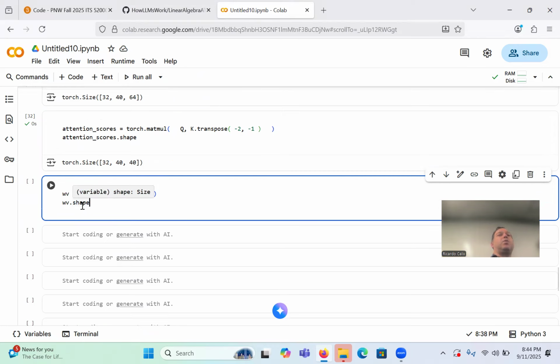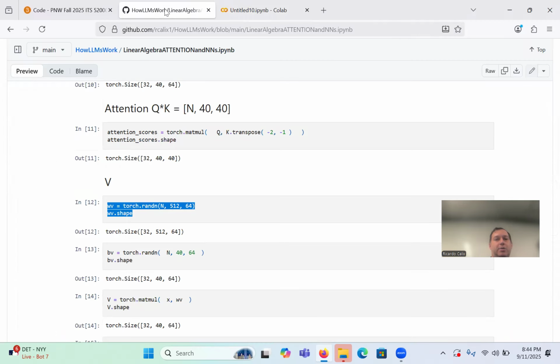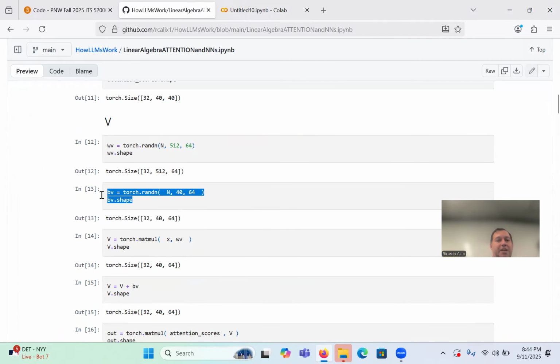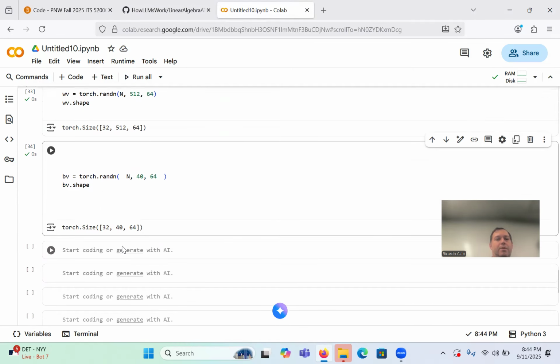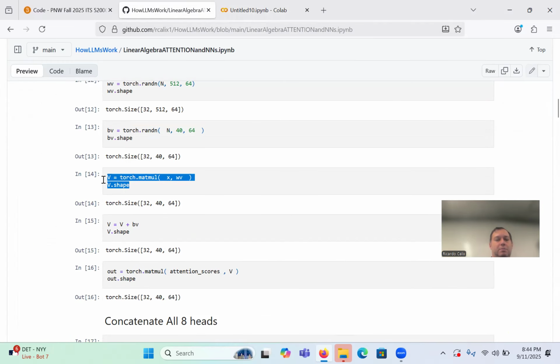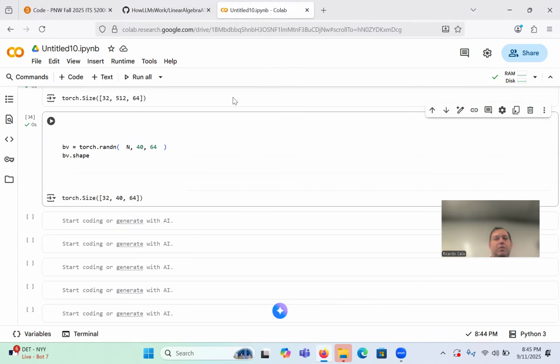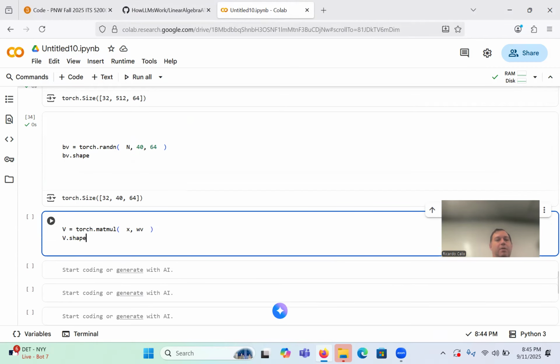So what is this one? Notice I create the weight matrix for V. There it is. And I'm going to create its corresponding bias for V. There it is. And then it should be the matrix multiplication, just to create V. So what is this one?